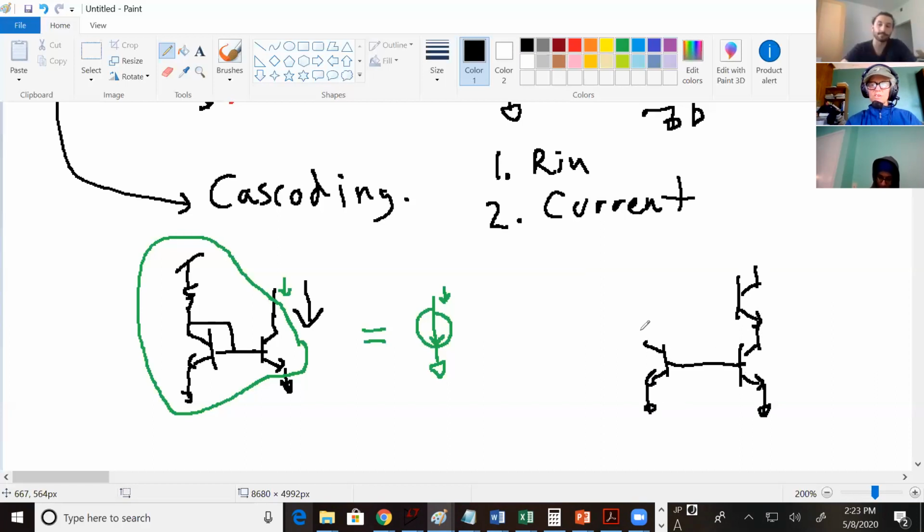So this doesn't change. There's a lot of ways to do the biasing. Let's come up with an equation for this. Now this right here is actually a superior current source.